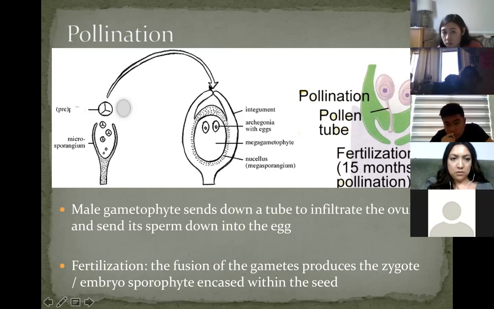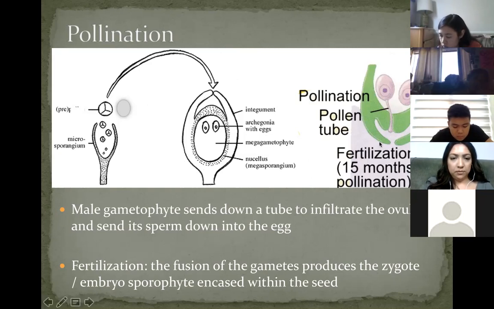When that pollen grain lands on the micropyle of the integument, that small opening in the female cone, the tube cell is going to get a cue to produce the pollen tube. That pollen tube is then going to inject itself into the archegonia, or the female gametophyte, and fertilize one of these eggs right here. Remember that it produces 2 sperm and the archegonia has 2 eggs, but typically only one of them will get fertilized.